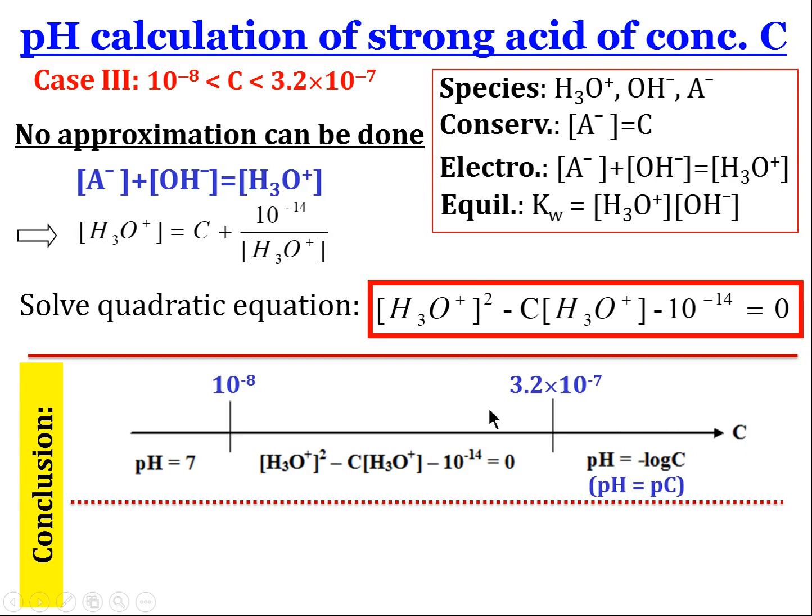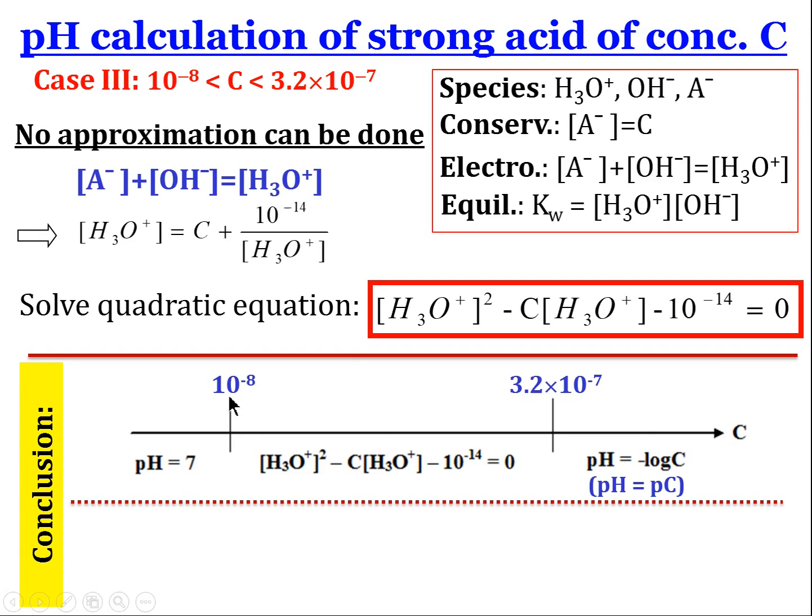So according to the concentration, if it's less than or equal to 10 minus 8, the pH is equal to 7. If the concentration of the strong acid is greater than or equal to 3.2 10 minus 7, the pH equal minus log C, or simply the pH equal pC.